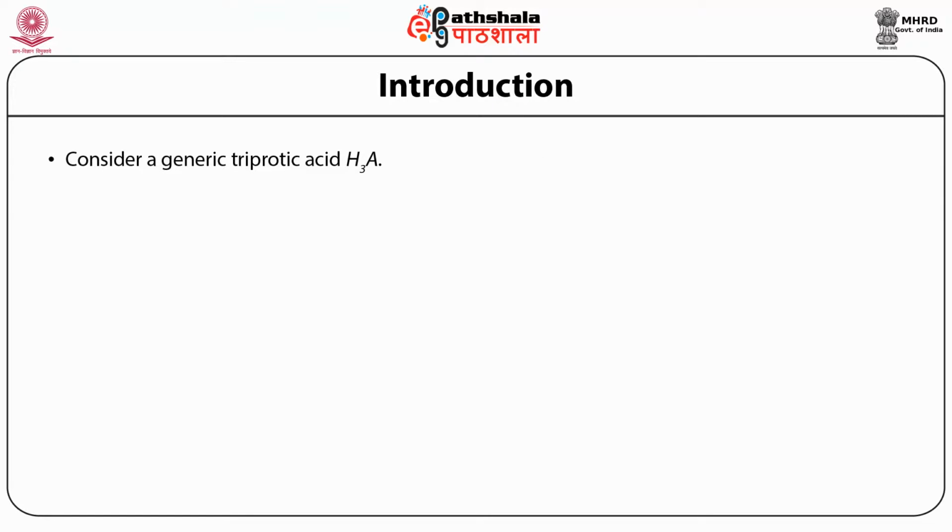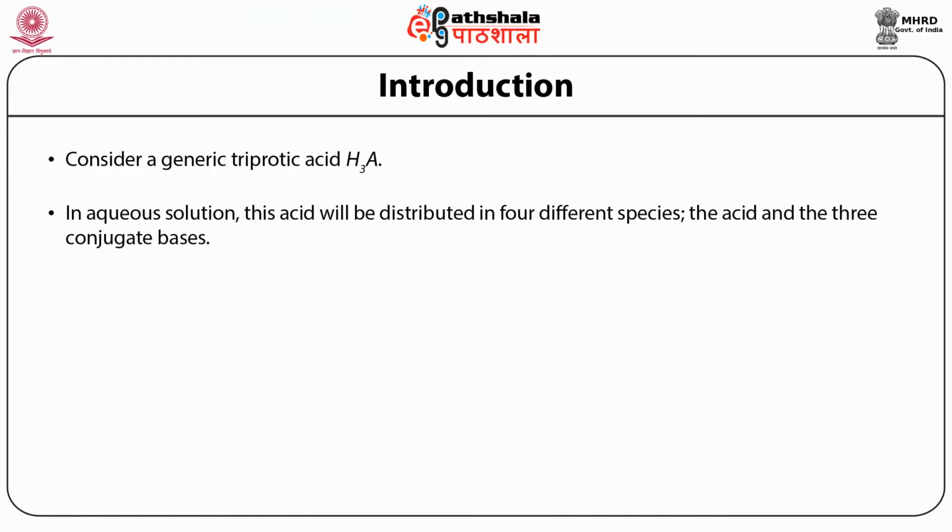Consider a general triprotic acid H3A. In aqueous solution, this acid will be distributed in four different species: the acid and the three conjugate bases. One will be the acid as such and its three conjugate bases.